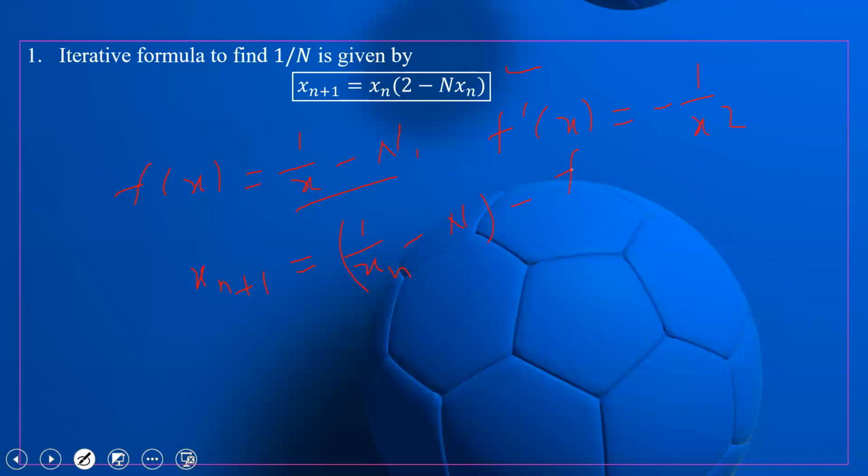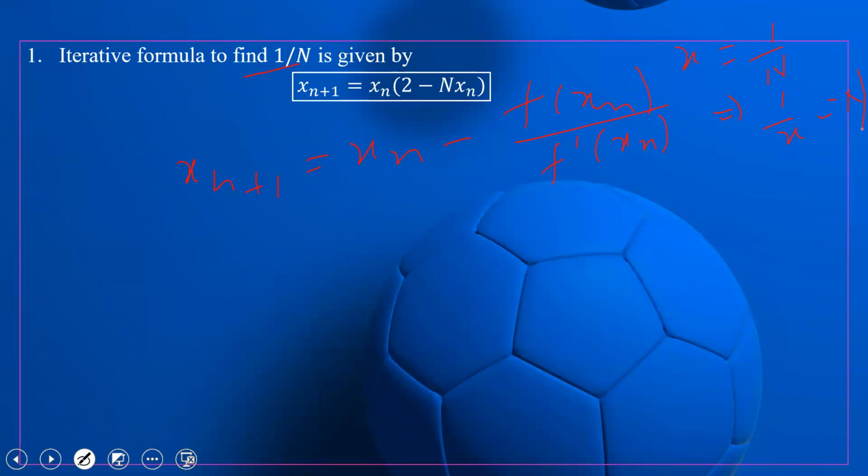Just a minute. xn plus 1 is equal to xn minus f of xn upon f dash of xn. This is the Newton-Raphson method. But we want to find the value of 1 upon n, so we have substituted x is equal to 1 upon n, so 1 upon x is equal to n.